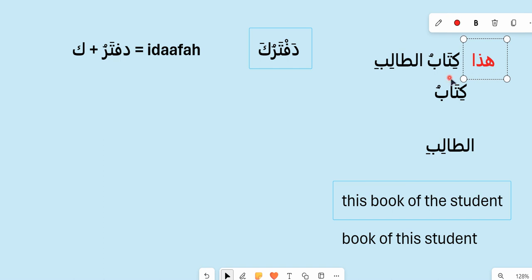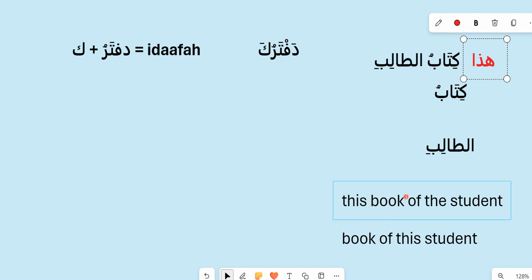For example, in the book, the example was Daftaruka hadha. So I will come to this later, but first of all, let's understand the concept of using ism ishara with idafa. So if you want to use the ism ishara for the mudaf, for example, Kitabut Tullabi, if you want to say this book, so our book is here, the mudaf, and the student is our mudaf ilayhi.